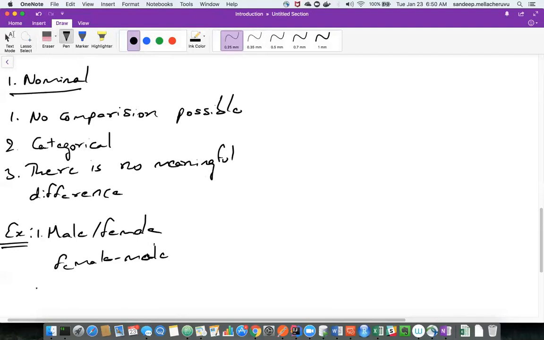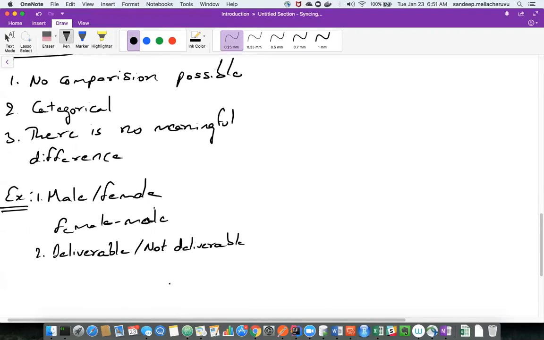I can give more examples. For example, the one I said: the mail is deliverable, which means it will get delivered to the intended person, or not deliverable. It doesn't mean that there are only two values.